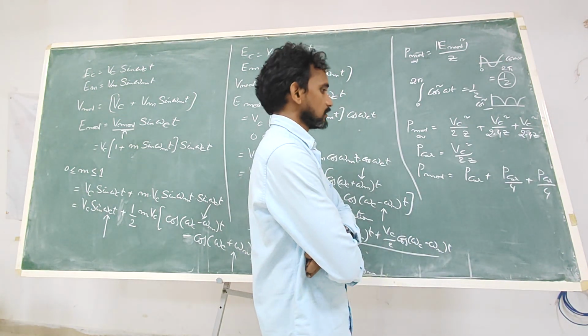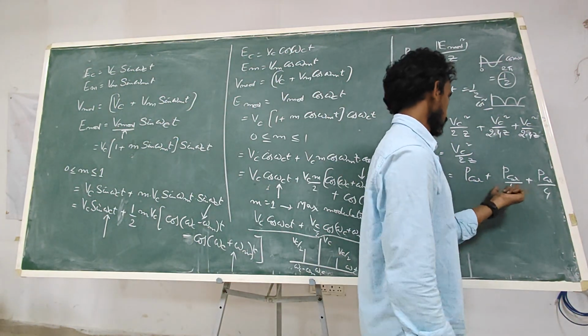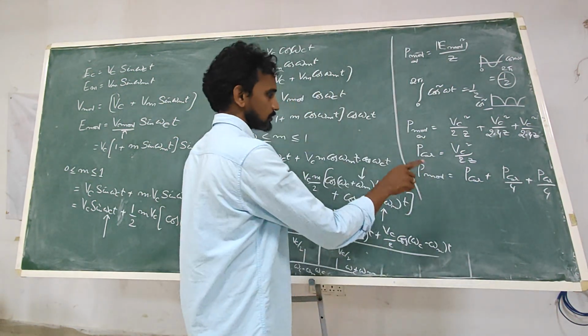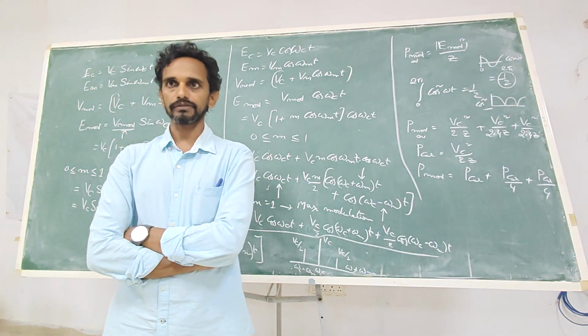Okay, so each sideband requires only 1/4 of the power of the carrier.